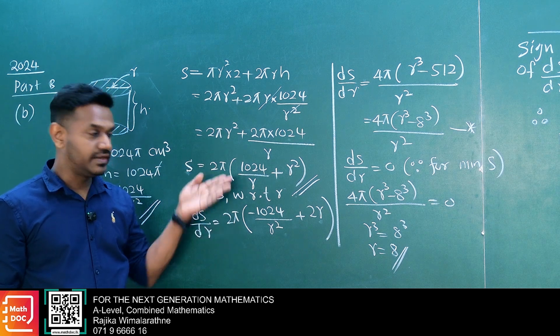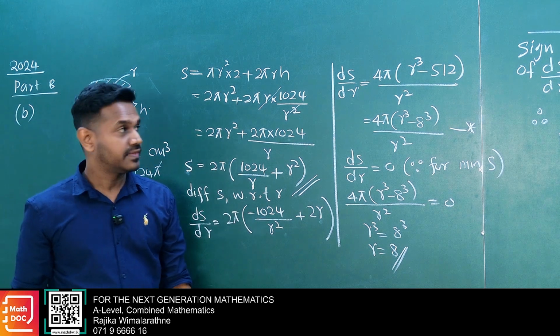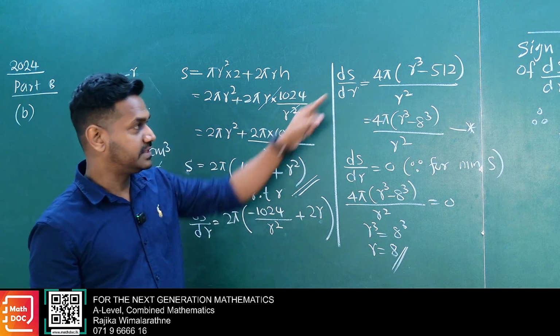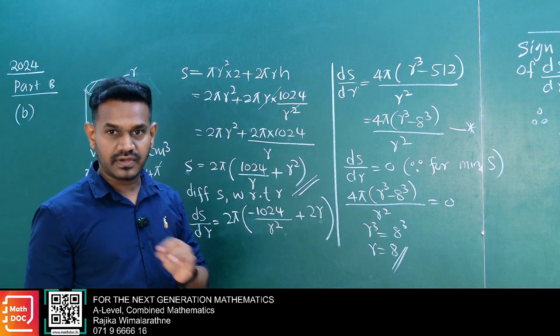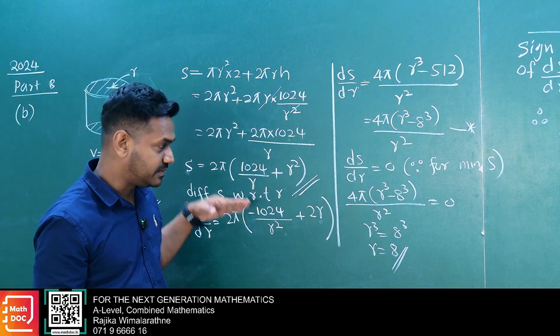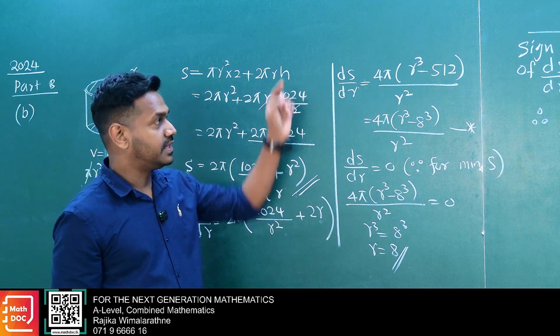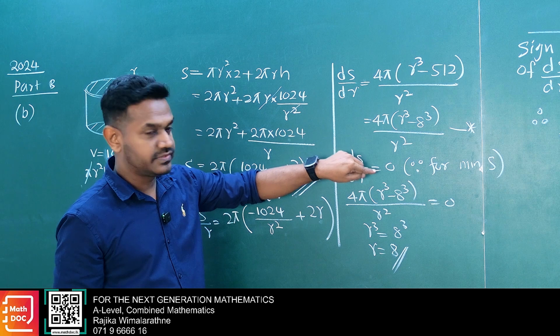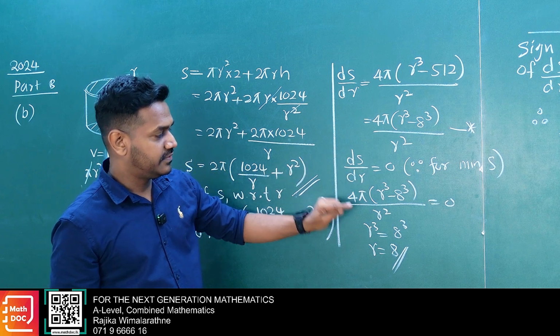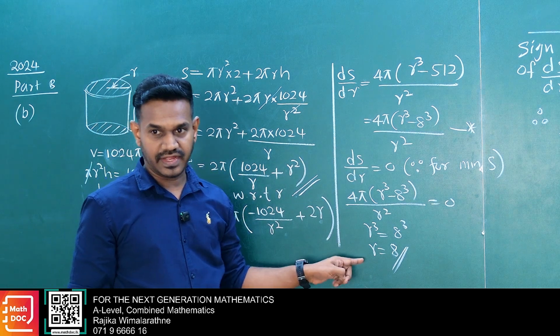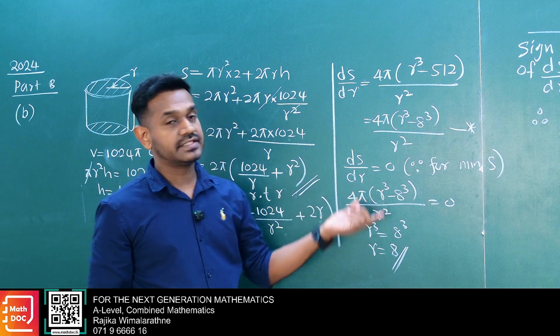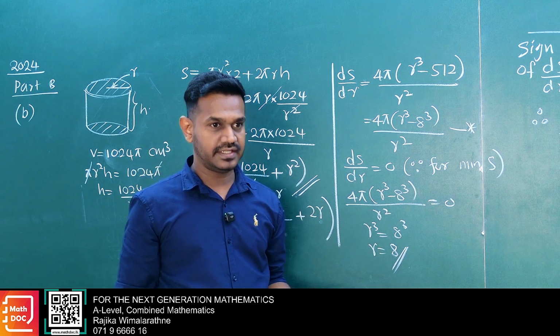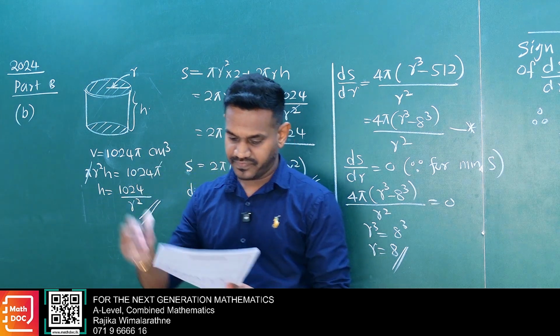Then to get the minimum value, differentiate it. Here, we have a simple differentiation step, no advanced differentiation. Then differentiate, simplify, and equate to 0. Then find the corresponding critical value. Thereafter you check the sign. That's it.